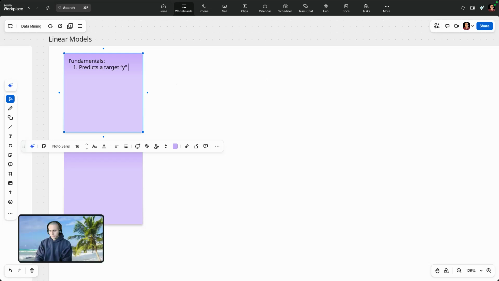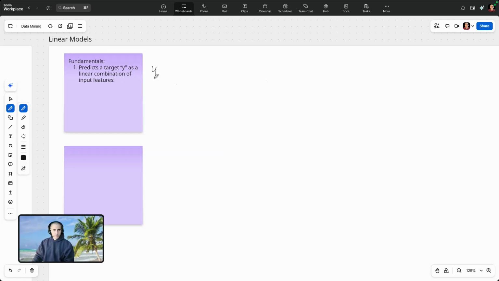Y as a linear combination of input features, where Y is equal to big beta 0 plus beta 1 x1 plus beta 2 x2 plus dot dot dot, right?